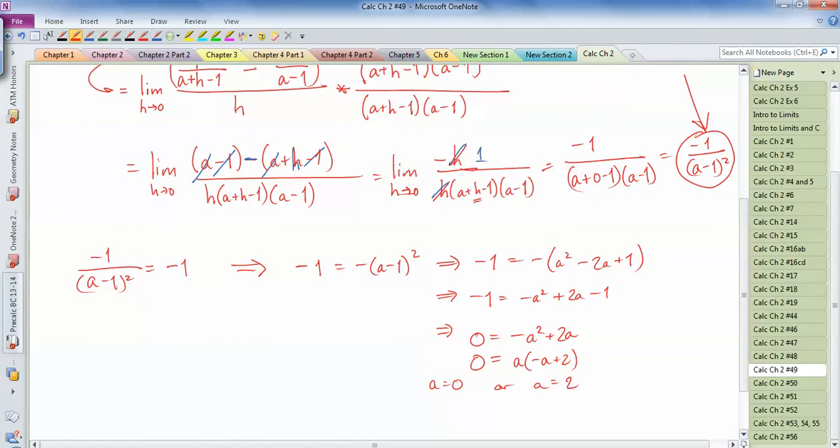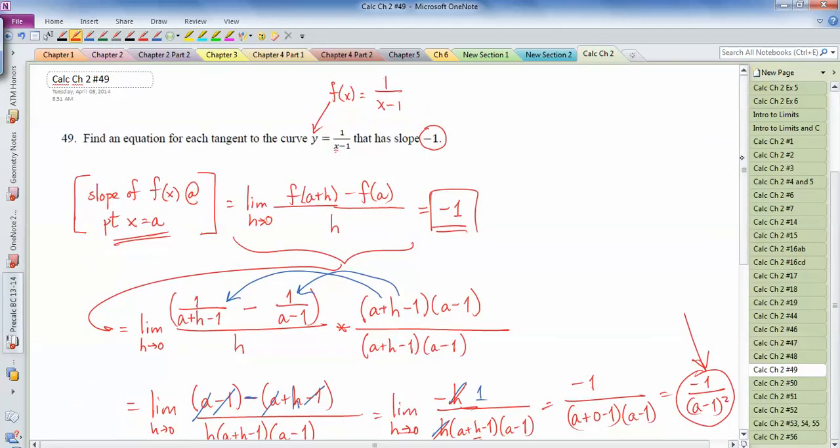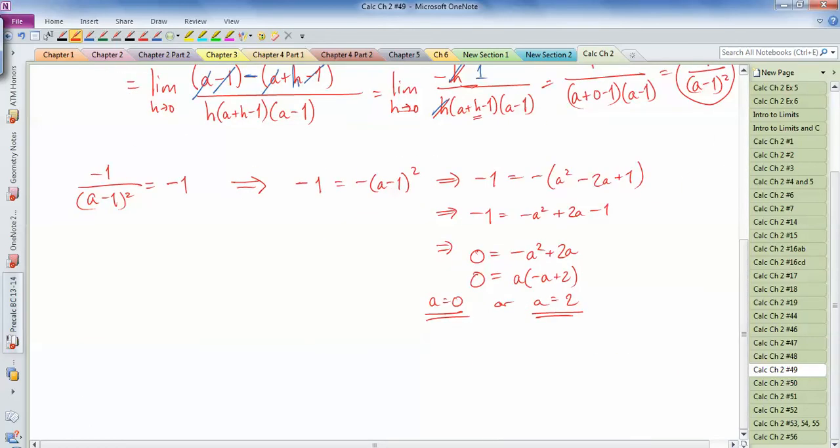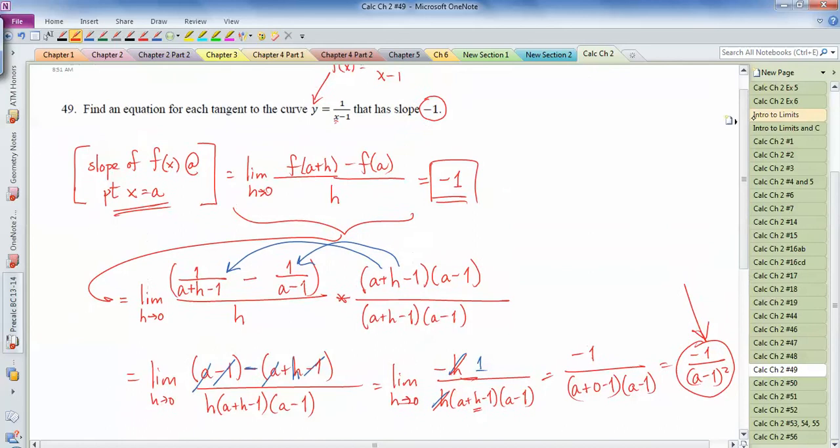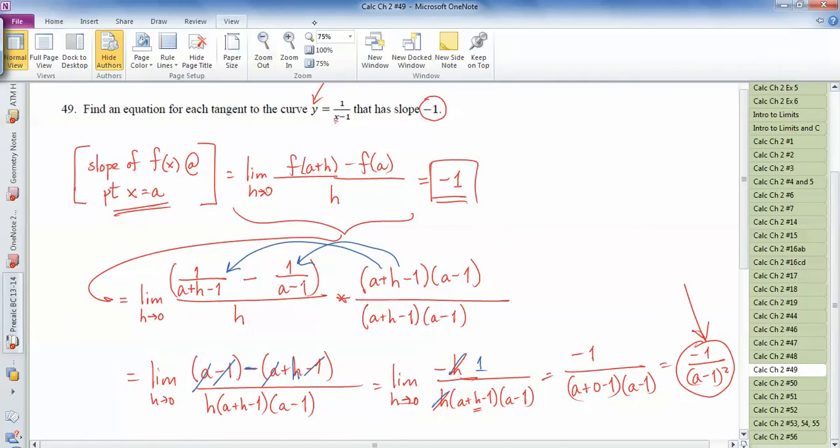Okay, so these are the x values, when x is 0 or x is 2, right? Because if I go back up here, the slope of f of x at the point x equals a, well, I just found out when a is 0 or a is 2. So if I combine these two things, let me shrink this down a little.